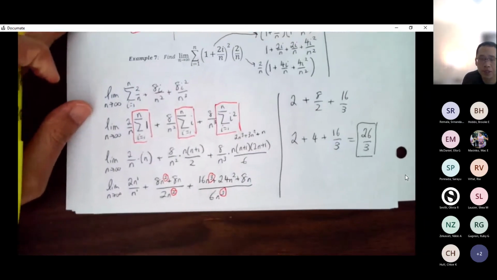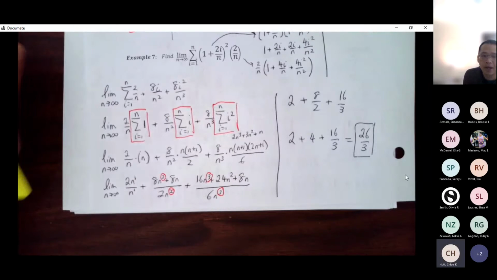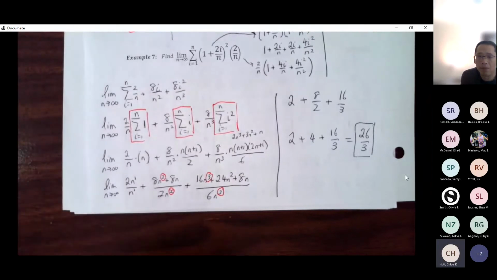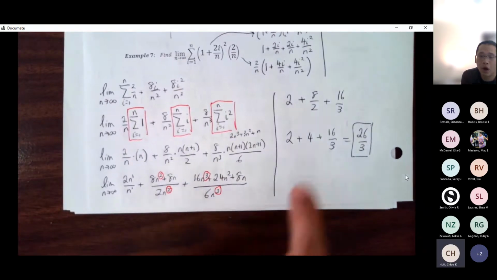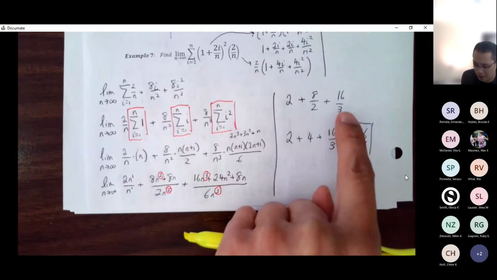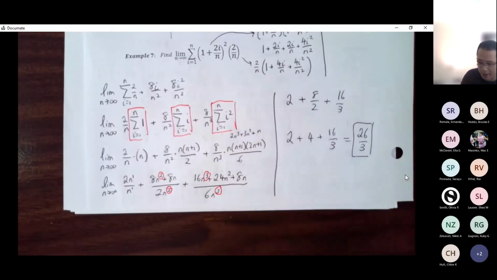Okay, any questions here? Where did 16 over 3 come from? Would it be 6? Okay, how did I get this 16, you mean? Well, how'd you get the 3 instead of 6? Oh, my bad. I reduced it before I got to the end here. Sorry.